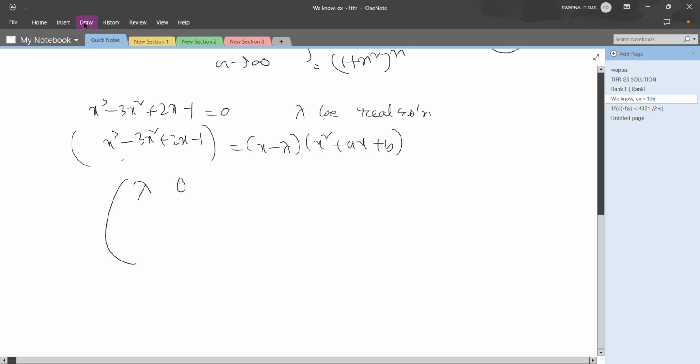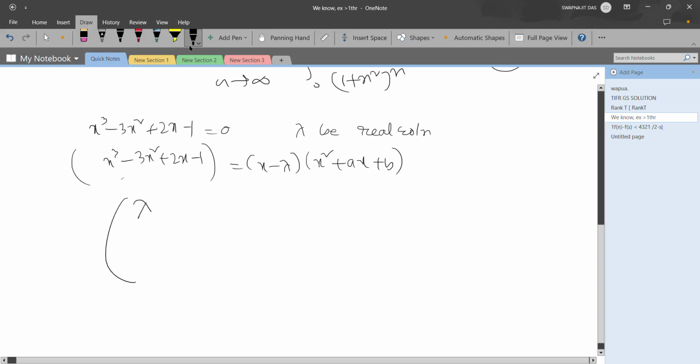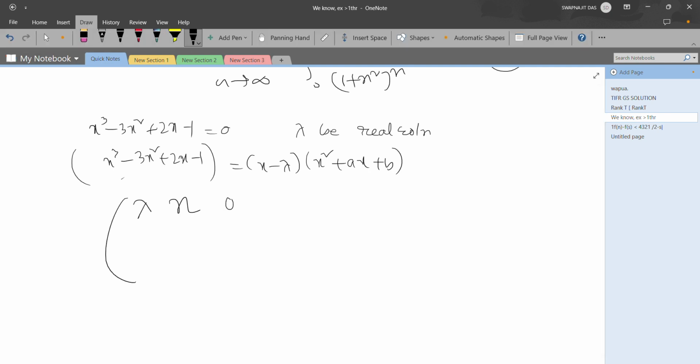Now take this matrix: lambda, n, 0, 0, 0, and here is a block such that the characteristic polynomial for this block is x square plus ax plus b, and n is any natural number.